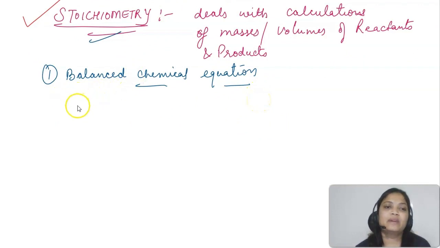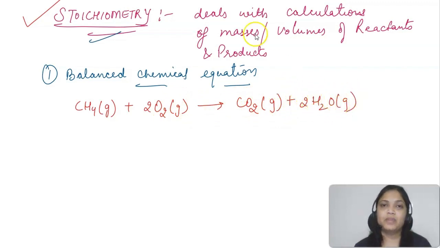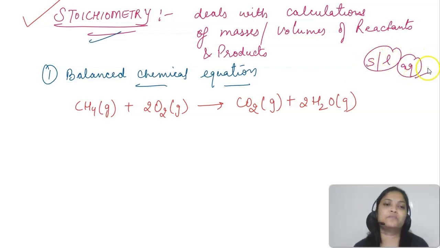So let's say I'm writing an equation for the combustion of methane gas, CH4 plus 2O2. Let me tell you what information you are getting from this equation. First of all, in brackets we have written gas, so it means all of them are in gaseous state. Similarly, we write S for solid, L for liquid, then we can write aqueous also.